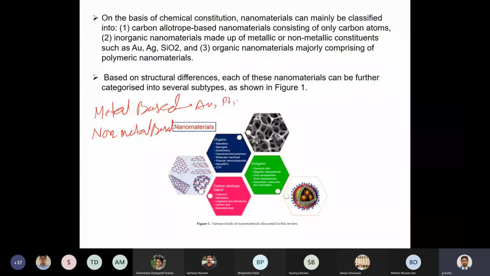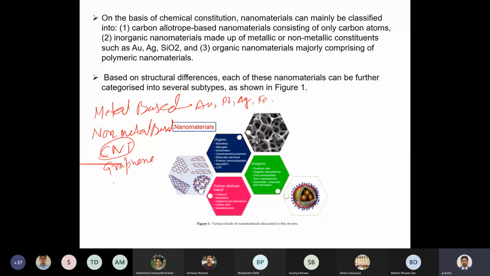Different metallic nanomaterials you can form and use for biosensor development. Non-metal based ones are like carbon based, which I think you already know, like CNT, that is called carbon nanotube, or graphene, or carbon nanorod.